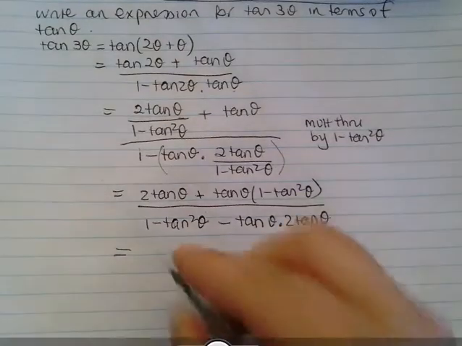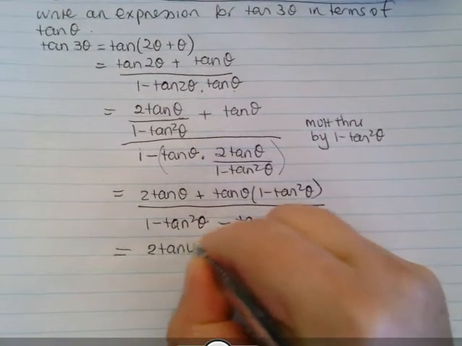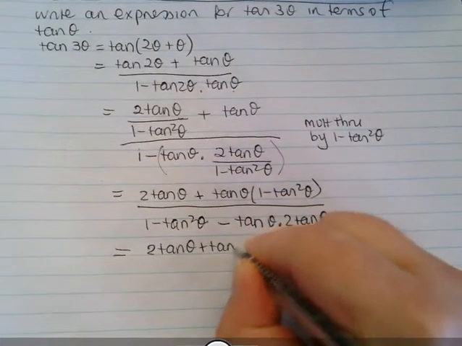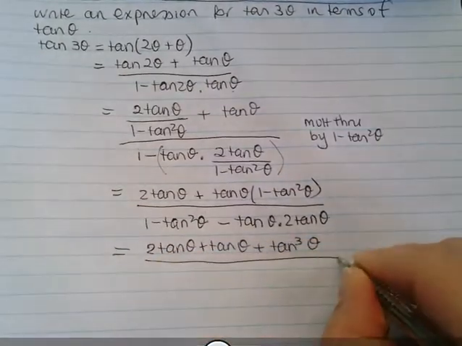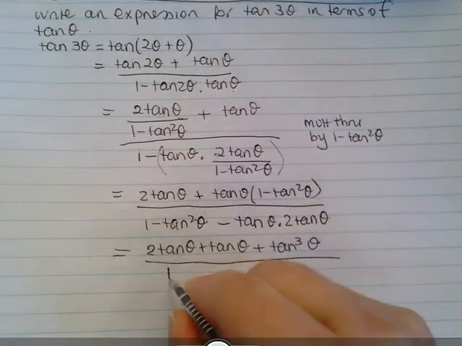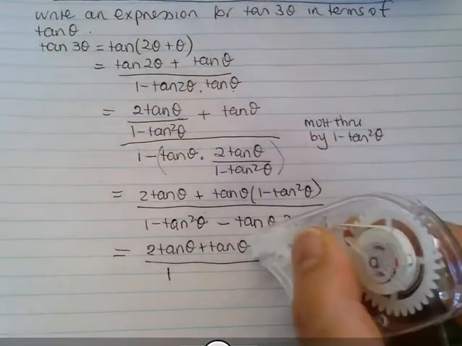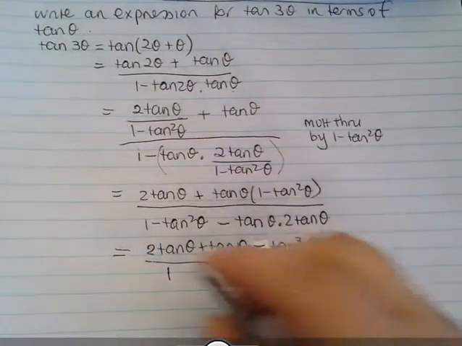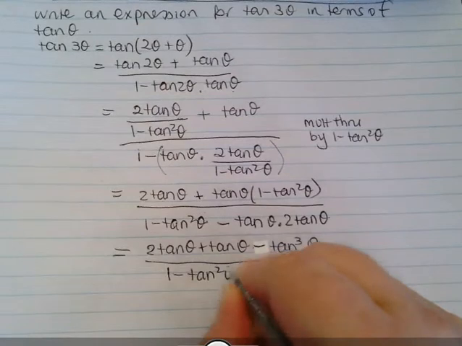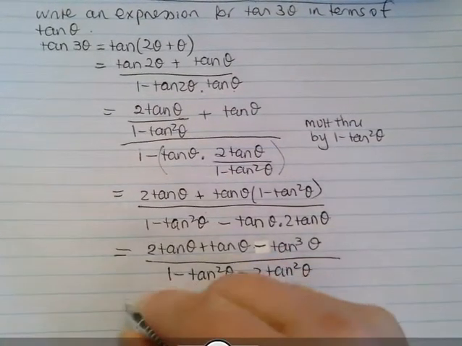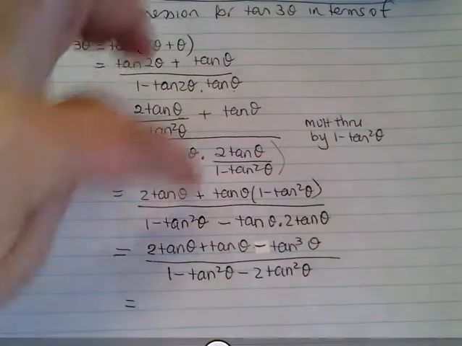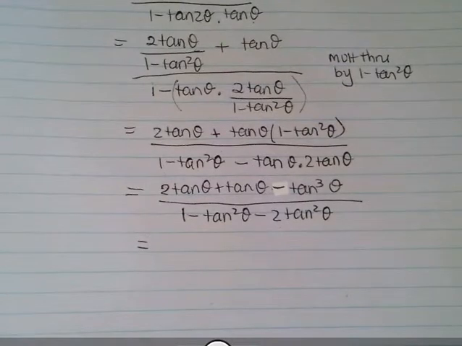Now we just expand. So we've got 2 tan theta plus tan theta plus tan cubed theta over, minus tan cubed theta over 1 minus tan squared theta minus 2 tan squared theta. Should have just kept those the other way. Doesn't matter. And now what do we get? Always put the positive term first.